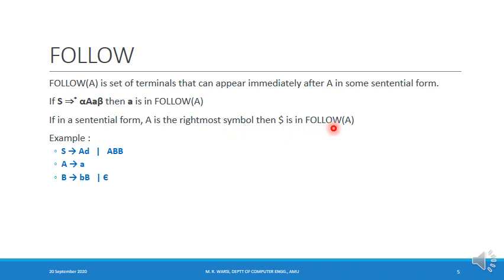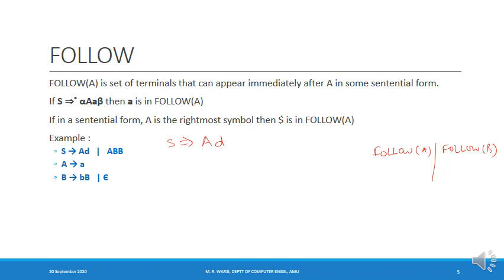Now let us understand this with the help of an example, and we have taken this grammar, and for this grammar we'll calculate the follow of the variable capital A and we'll calculate the follow of the variable capital B. We are starting the derivation from the starting symbol capital S, and we expand it using the first production and obtain the sentential form capital A small d.